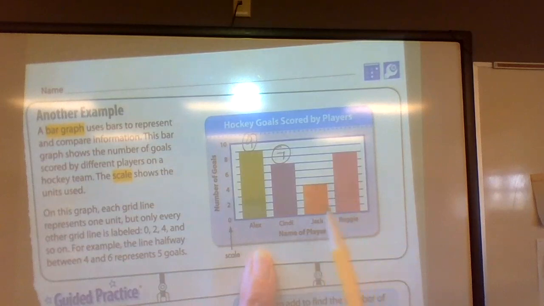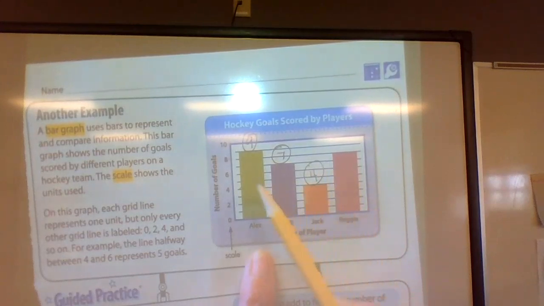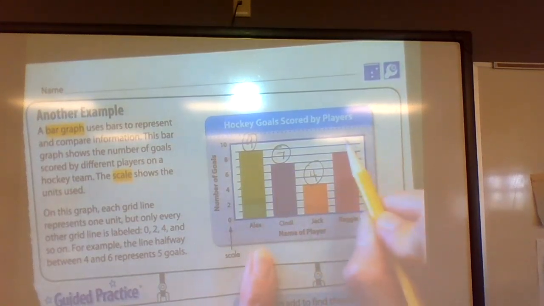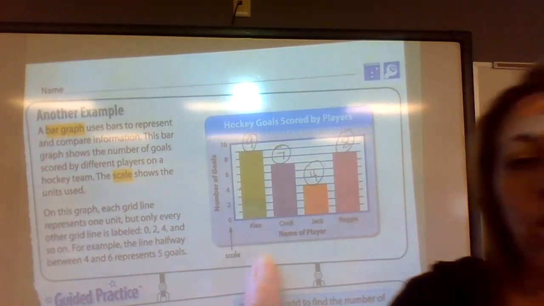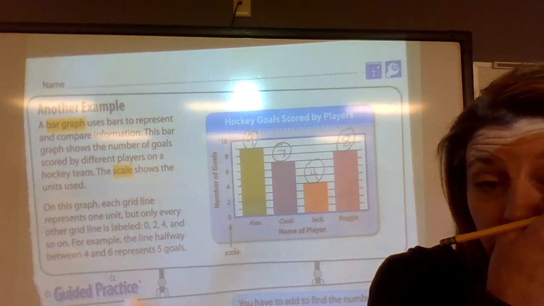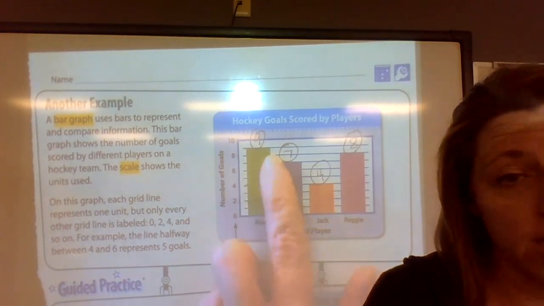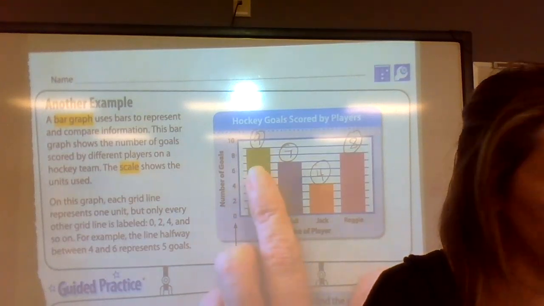Jack is right at 4. And Reggie is right at 8. So when we go back and we are asked questions about that data, we have the answers right there. We don't have to keep looking. We have it right in front of us.